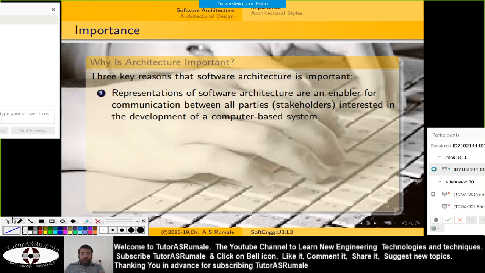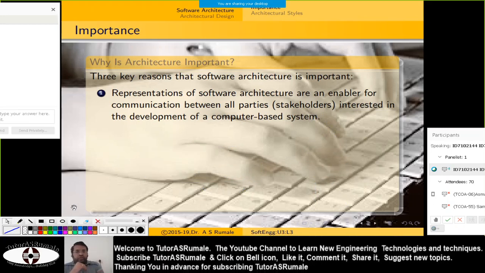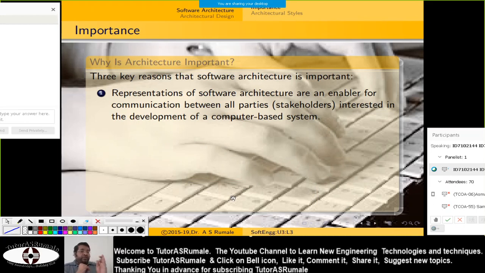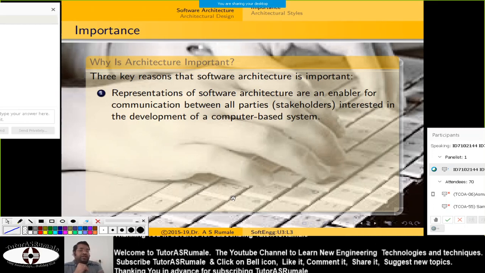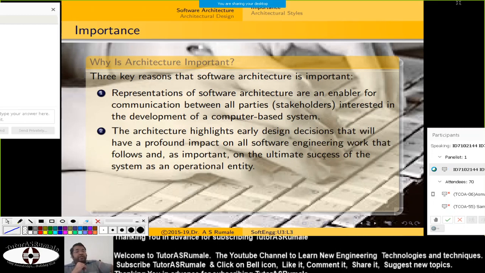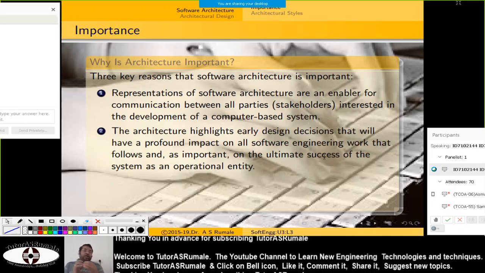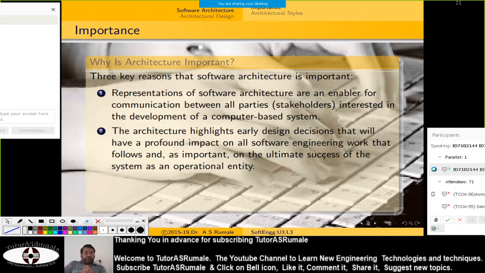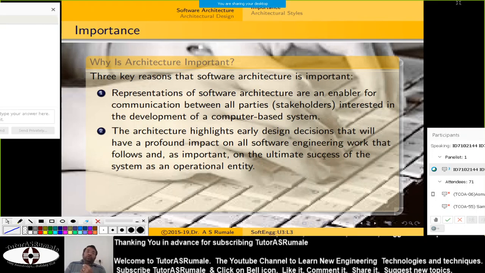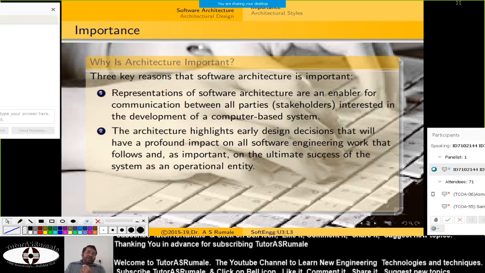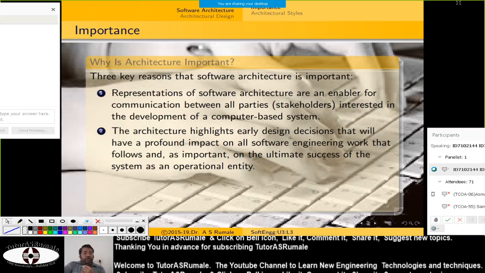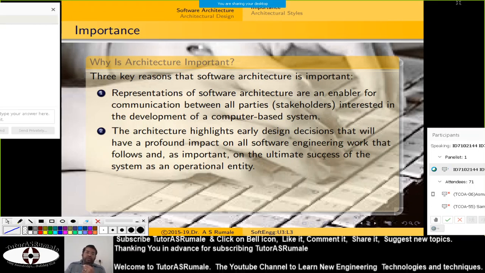So when we say this, we are actually saying that architecture is important for the first step of software development, and that is communication itself. Then architecture highlights the early design decisions, because if you have a slight idea of the architecture of any system, it is very easy for you to make design decisions that will have a profound impact on all the software engineering work, and you can create the software very easily.